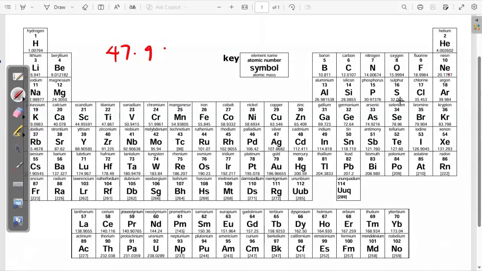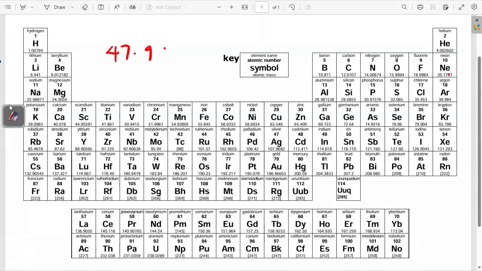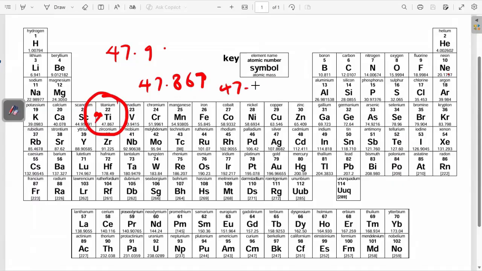You can see 39, 40, 44, 47, 50. So it has to be this guy. You've seen titanium. Titanium has 47.867. If I round this off to one decimal place, I get my 47.9.